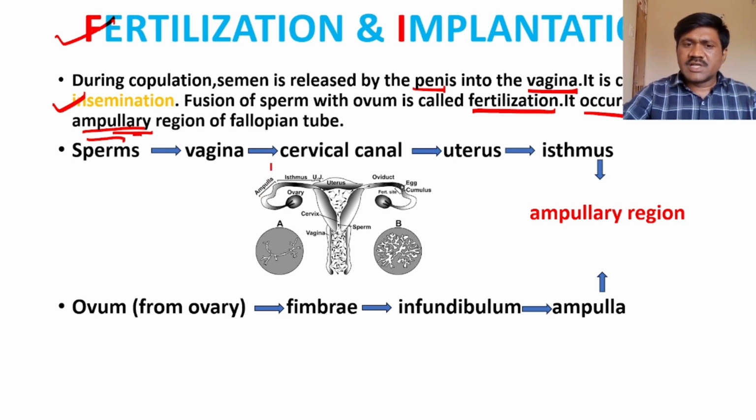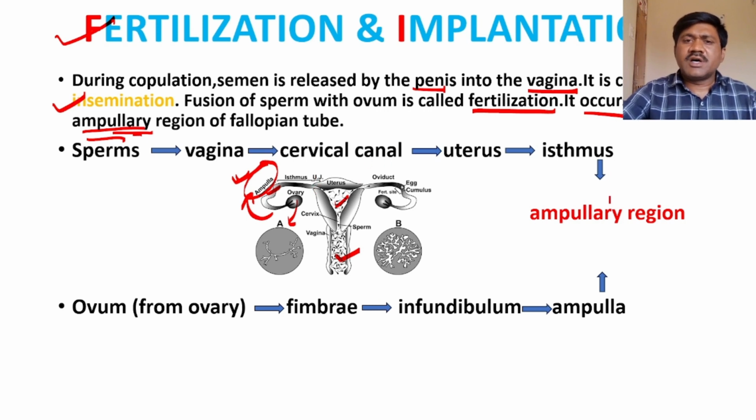Look at this diagram. This is the ampulla, the ampullary region. Here the fertilization takes place. The sperm cells released in the vagina come to the uterus, then to the ampulla. In the same way, the ovary releases the ovum, the egg cell, which comes to the ampulla. In the ampulla, the sperm cell and egg cell fuse and give a diploid zygote.